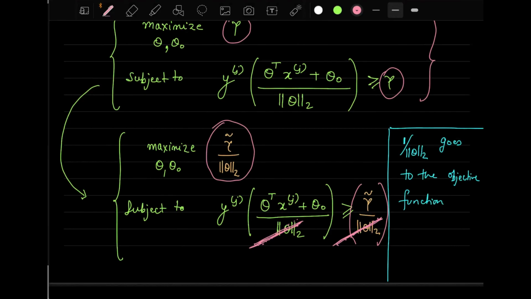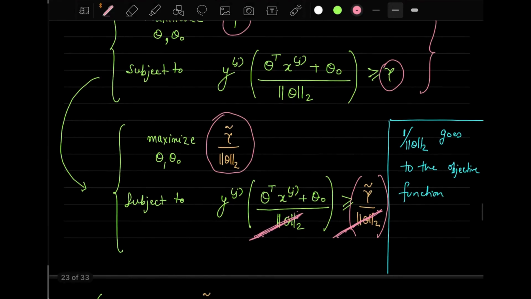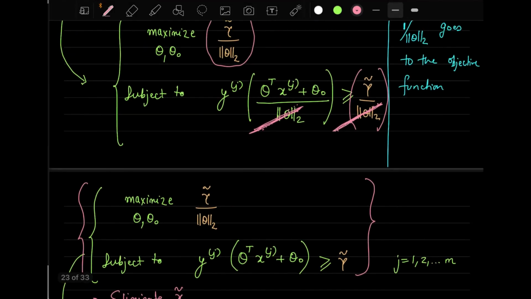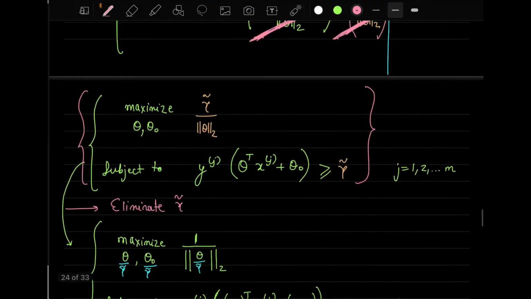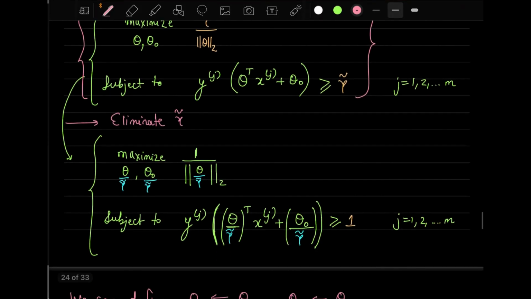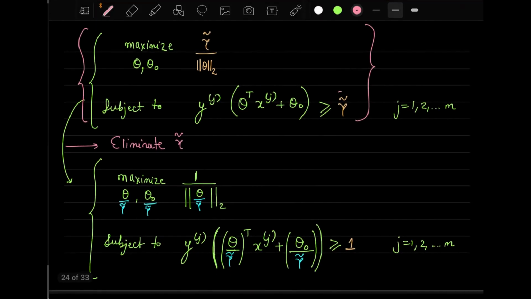Once this is done, the new framework that comes up is this. The only difference is that the denominator value is cancelled. Now we want to move one more step, and we eliminate this gamma tilde.